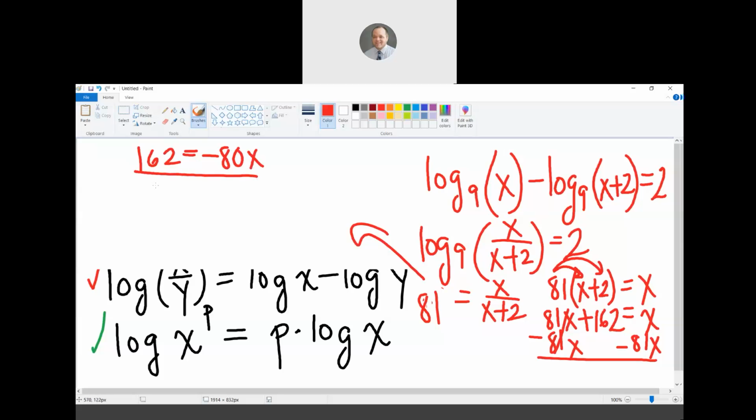And the last step will divide both sides by negative 80. Now, it looks like our fraction can be reduced by a common factor or divisor of 2. So our final answer is negative 81 all over 40.